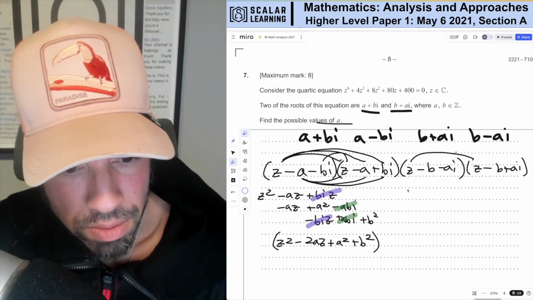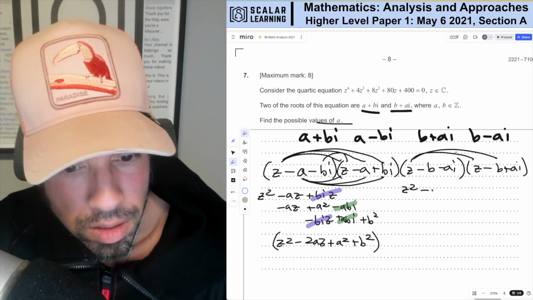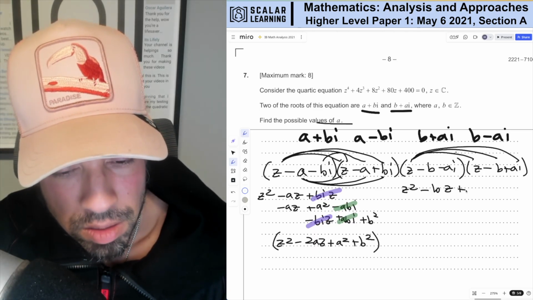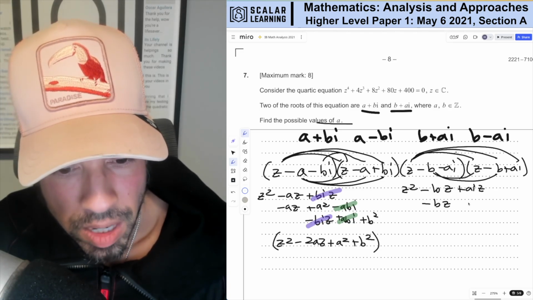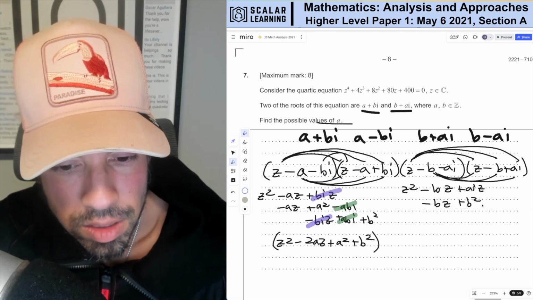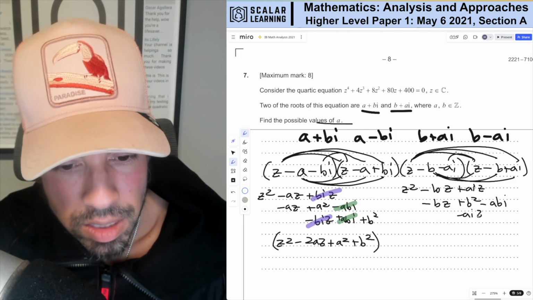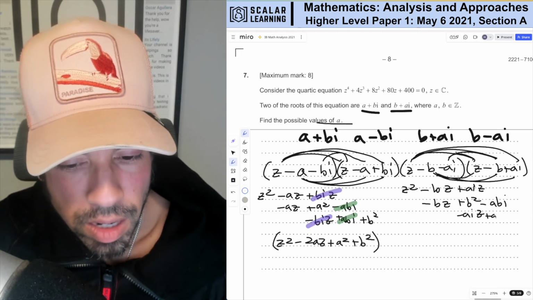So again, we have z squared minus bz, and then we have plus aiz. Over here, we have negative bz, and then we have plus b squared, and then we have minus abi. And then finally, we have minus aiz. We have plus abi.